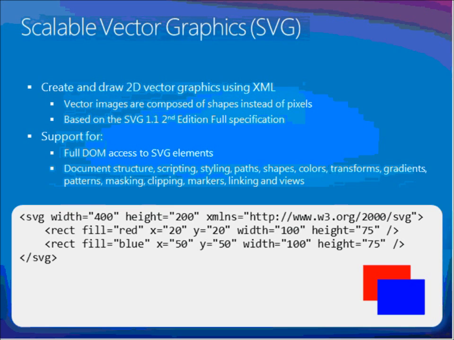Because those elements are directly in the DOM, you can script them and change them in any way you want. You can add an ID to those rectangles, and through JavaScript, grab that element and make any kind of changes to it that you want. A couple of neat examples that you can check out on the IE Test Drive site: check out the SVGoids or real-world data and diagrams.